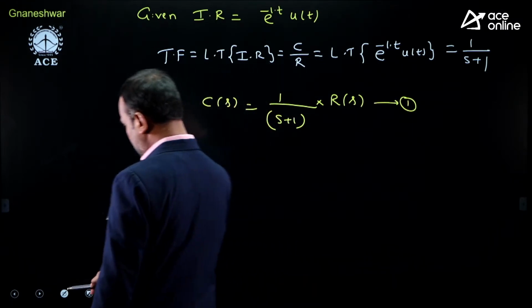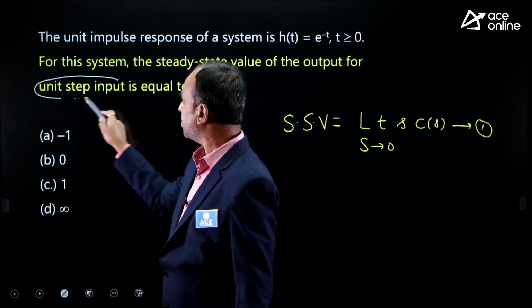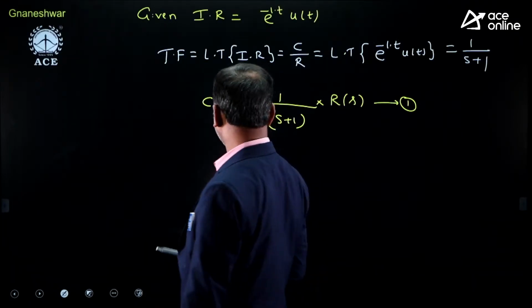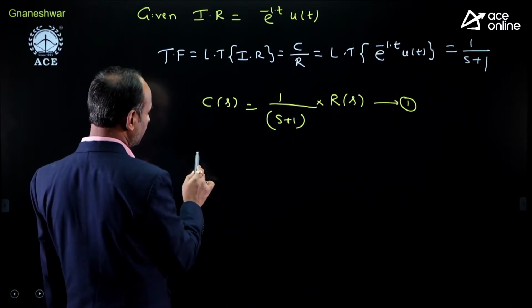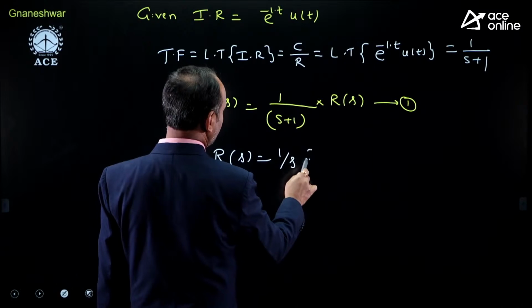What is given? A unit step input is given. For a step input, R of s equals 1 by s. Substitute in equation 1.